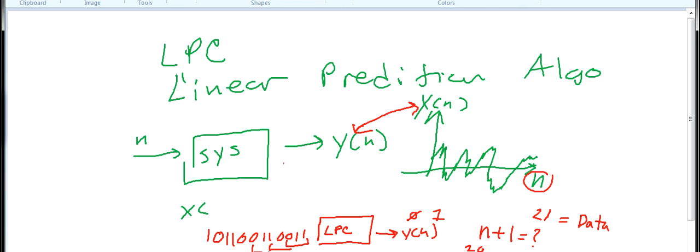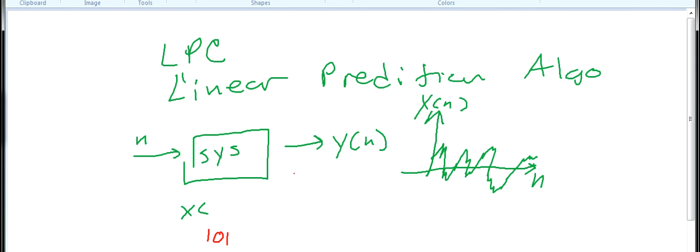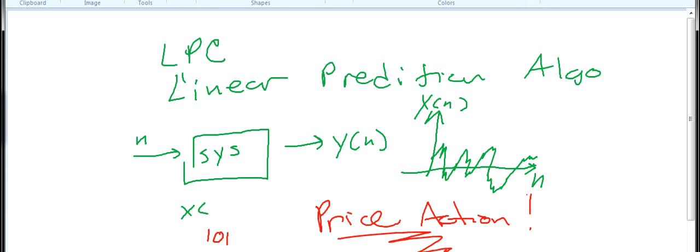The only leading indicator that you guys have is called price. It's your price action. That's all that you have. You look at the data, and that's your leading indicator.